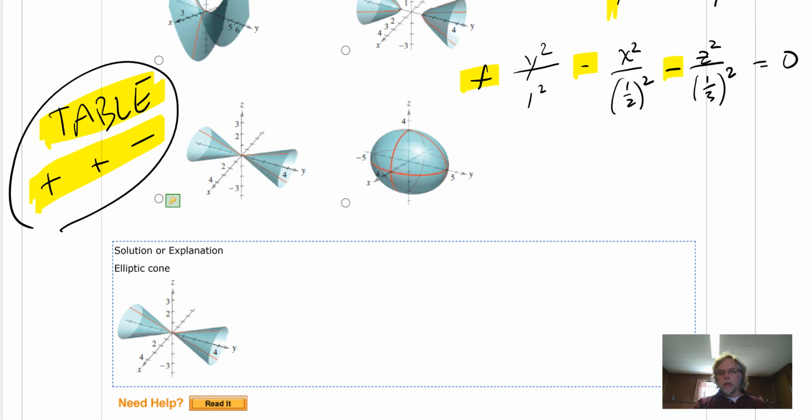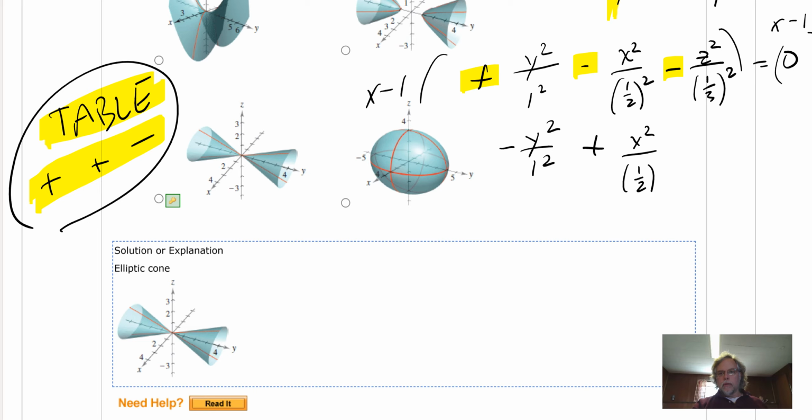So we can multiply everything by -1, and we get negative y squared over 1 squared, and then plus, because we're multiplying all these terms by -1, plus x squared over 1/2 squared, and then a plus z squared over 1/3 squared, and the other side is 0 times -1, which is still 0.